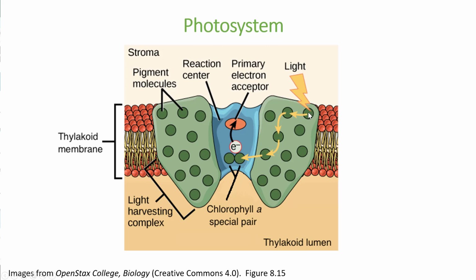So it'll go from one carotenoid to the next carotenoid to a chlorophyll, being passed around from these different pigments within this light harvesting complex. And one of the keys in this part is that when this energy is getting passed, it's actually just the energy getting passed. So the electrons never leave at this point. The energy just gets passed from one molecule to the next molecule to the next molecule.